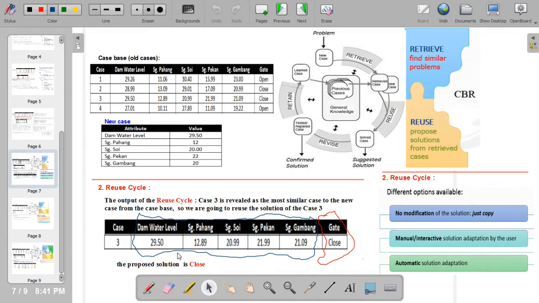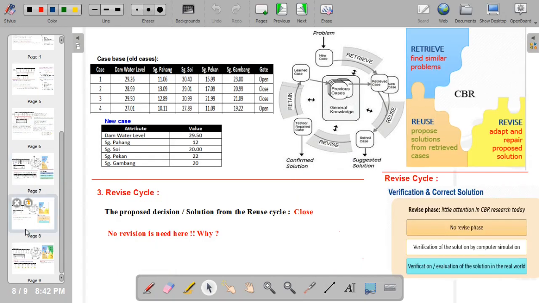Then the proposed or suggested solution, which is closed, is going to be shifted to the revise cycle. Here, this is the revise cycle. So in our example, the revise cycle will receive the proposed solution, or the proposed decision that comes from the reuse, which is closed, right?